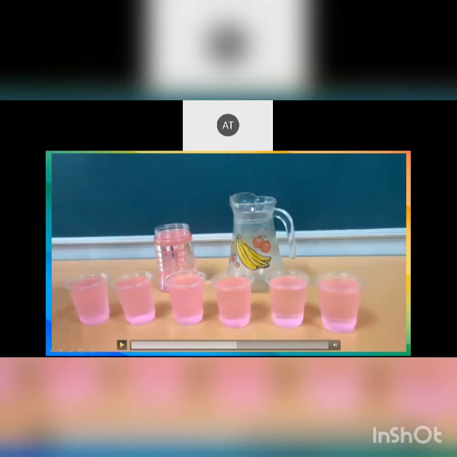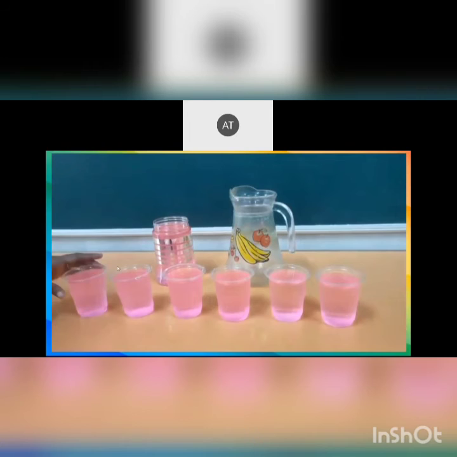Now we are going to pour all the 6 glasses of juice into the second jar, and we are going to check whether it can hold all the 6 glasses or not. The first jar holds only 4 glasses, isn't it? Now we'll check with the second jar.